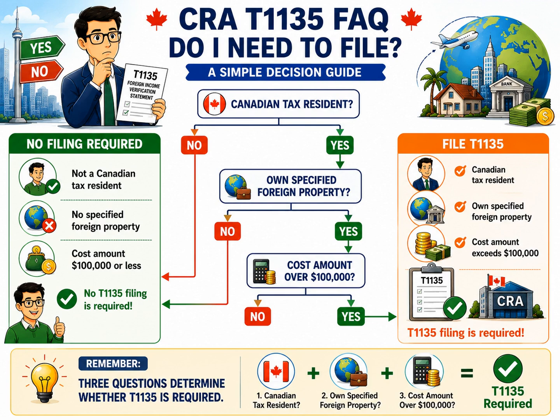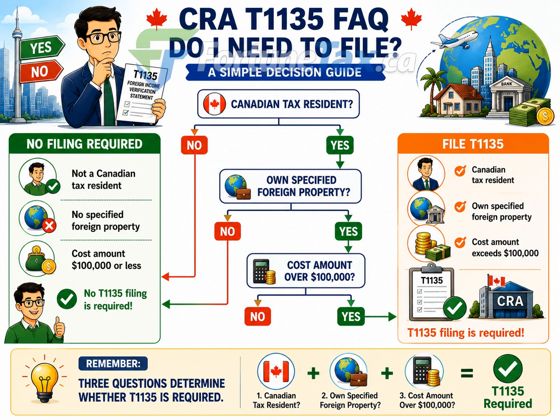The green panel on the left summarizes situations where filing is generally not required. If you are not a Canadian tax resident, if you do not own specified foreign property, or if the total cost amount of your specified foreign property is $100,000 or less throughout the year, you will generally not have to file Form T1135.